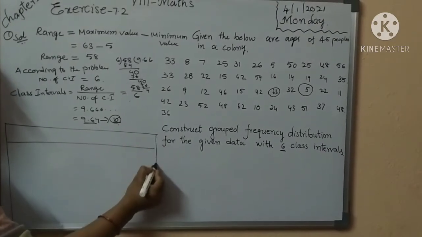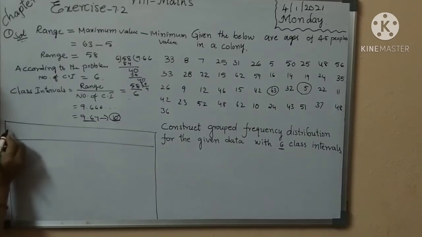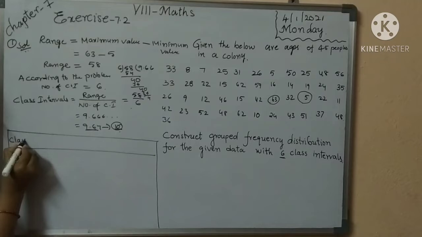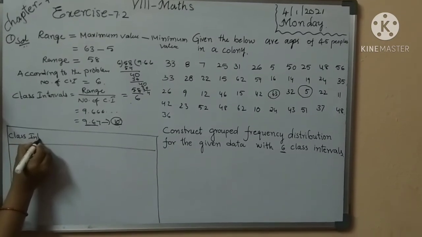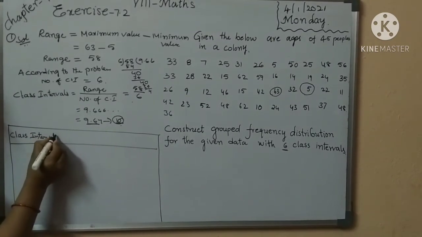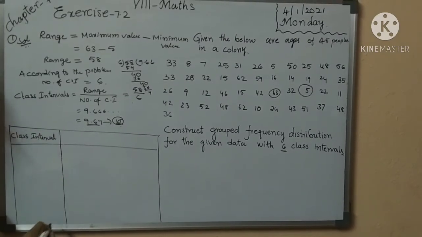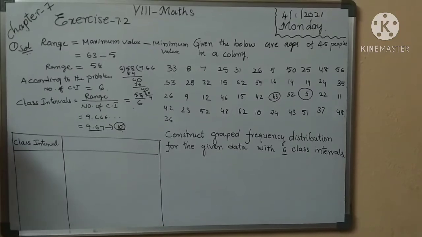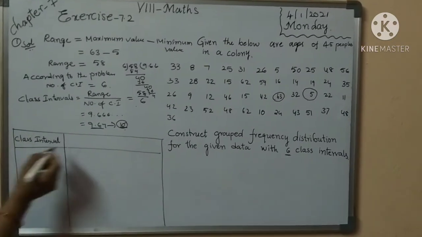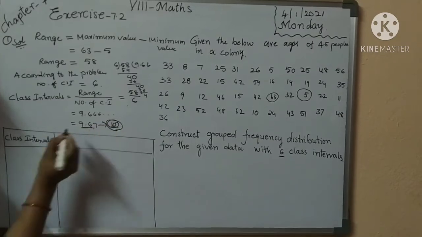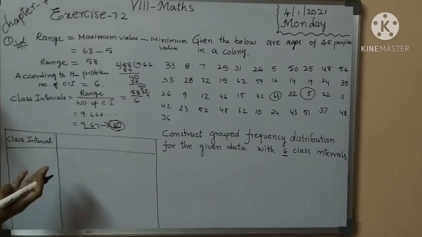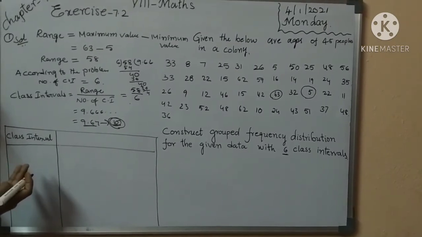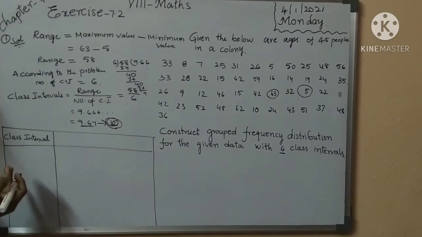Okay, so the first topic is the class interval. The least number is 5 and the highest number is 63. So how much difference do you have to take? A difference of 10. 5, after 5, 6, 7, 8, 9, 10, 11, 12, 13, 14.